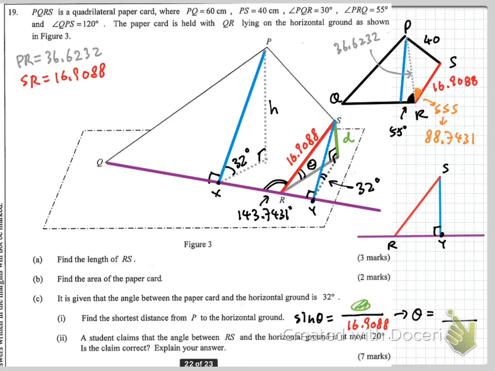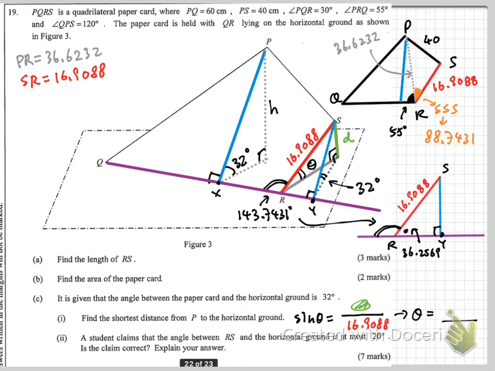Because we know this angle is 143 something, so the supplementary angle will be 180 minus this one. So this angle is 36.2569.